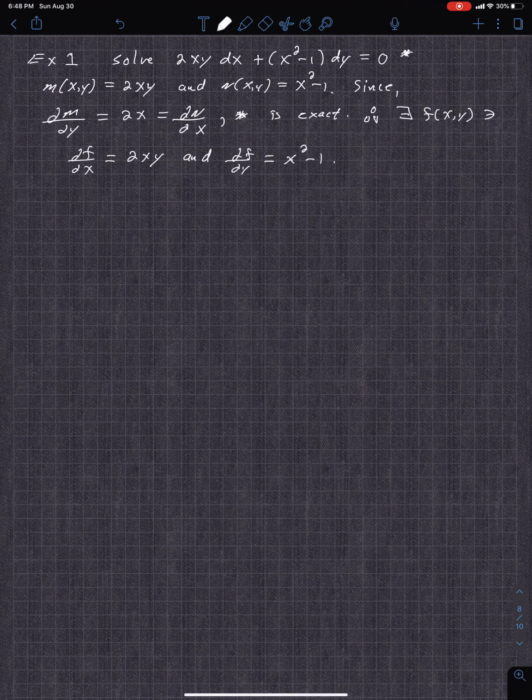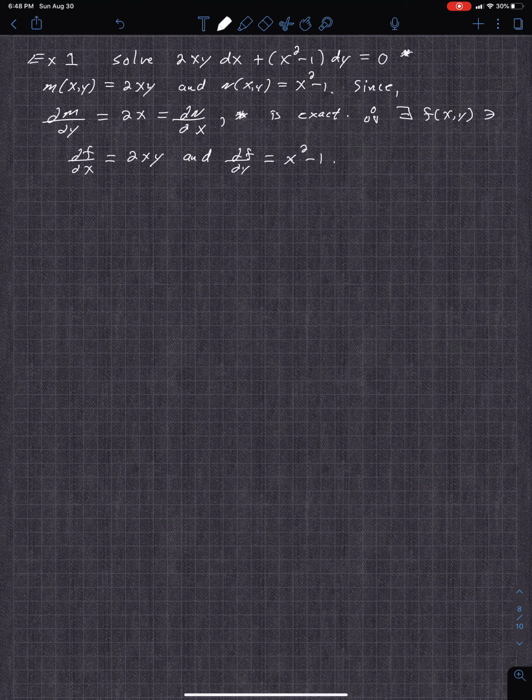Now you integrate either one of those. This is a method that I like to use, very similar to what we would have done in Calc 3 to find those functions. I like to integrate both, and then you just compare.